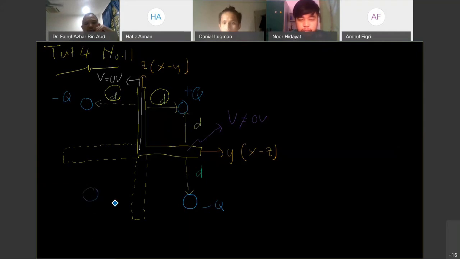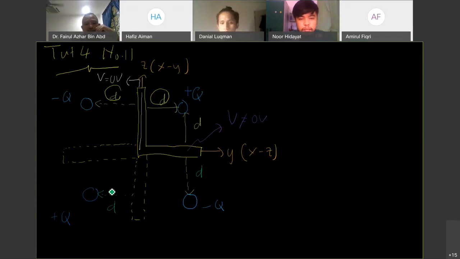The value will be opposite to this charge, so we have a positive Q here, and the distance between this charge and this plane is also equal to D. By adding another charge here, we also will be balanced with this charge.